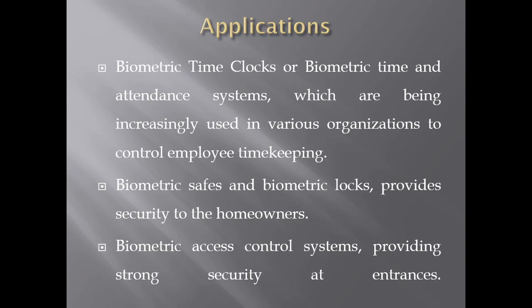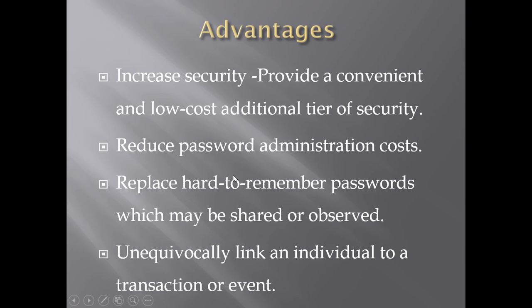Only the person who is authorized can enter, and others are barred from entering. And biometric access control systems provide strong security at entrances, specifically for areas where you have kept very important stuff, and for military, banks, everywhere. This is very important.